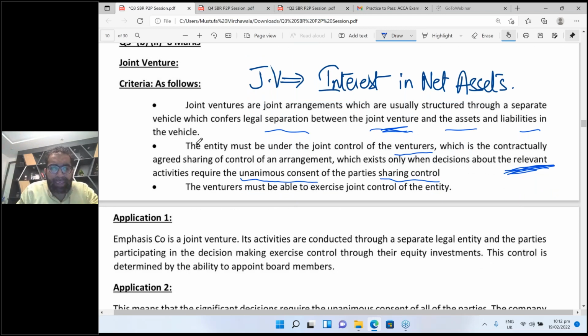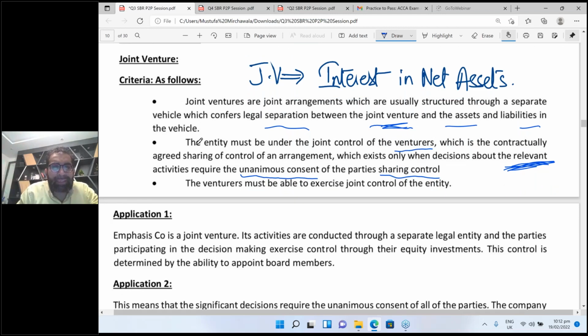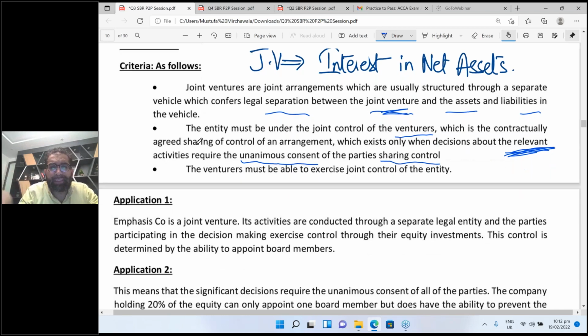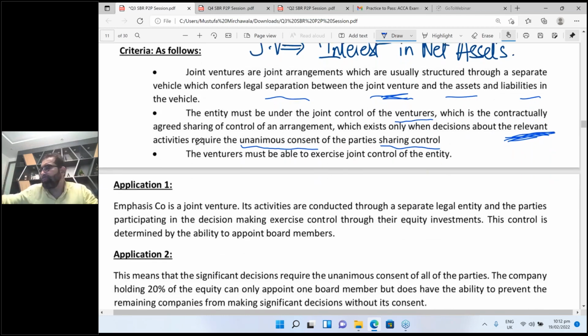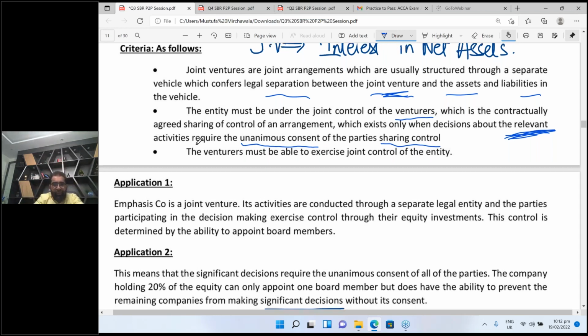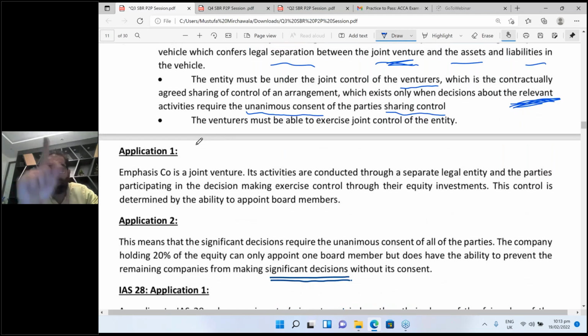Now let's simply do an application, giving you just 30 seconds to read these three points again. Now, application number 1. Emphasis company is a joint venture. Yes, you have openly been told.